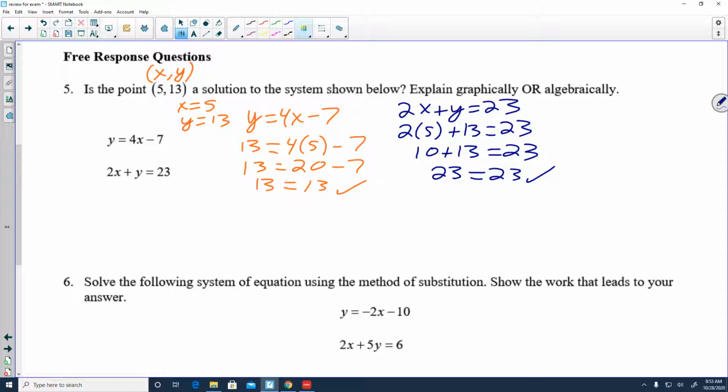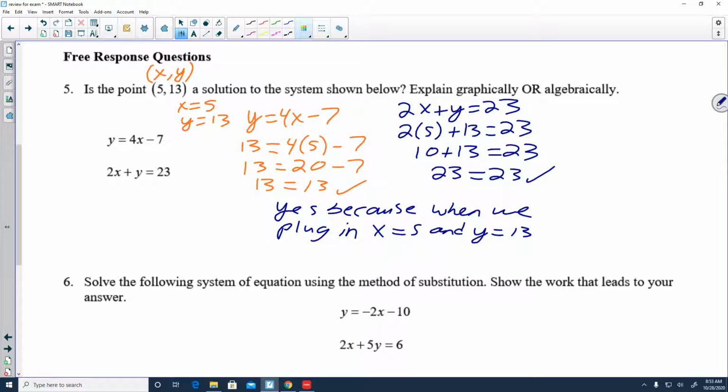So now it's asking us to explain. So I need to explain. So yes, because when we plug in, and you don't have to write exactly this, when we plug in x equals 5 and y equals 13 for both equations, they are both true equations, or they satisfy both equations.